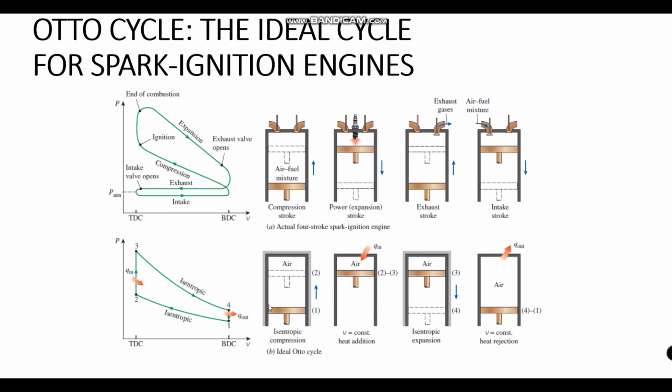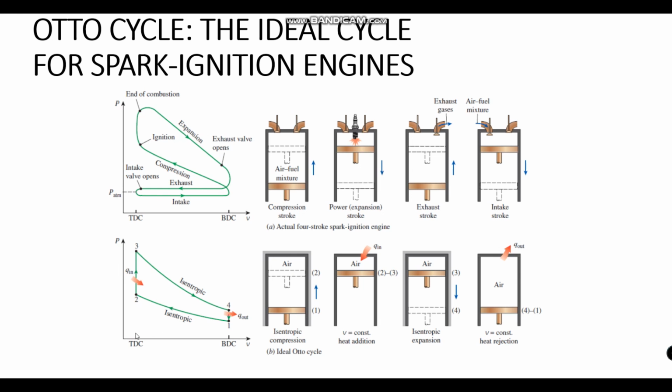Because we are generating entropy by friction processes, which means that friction transfers mechanical energy into heat, which increases the entropy of the fluid and the system generally. So isentropic compression.